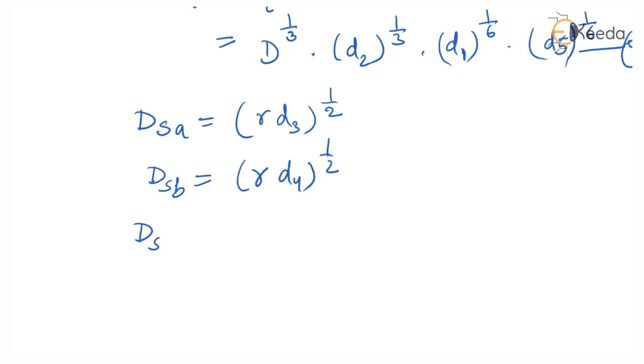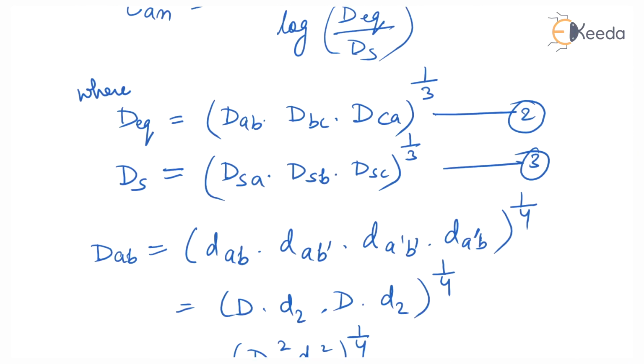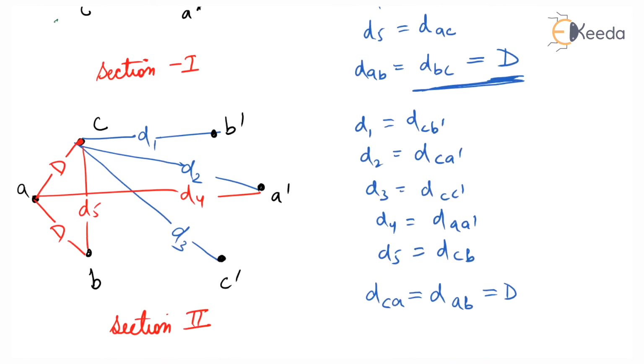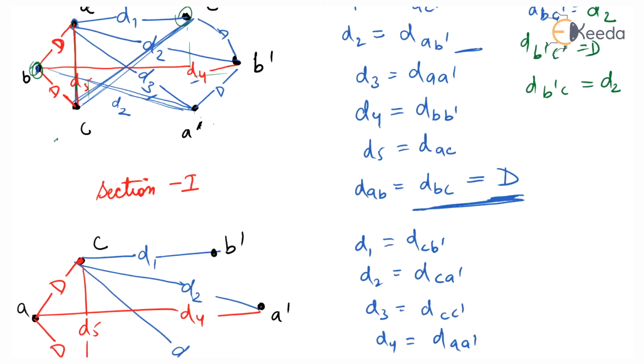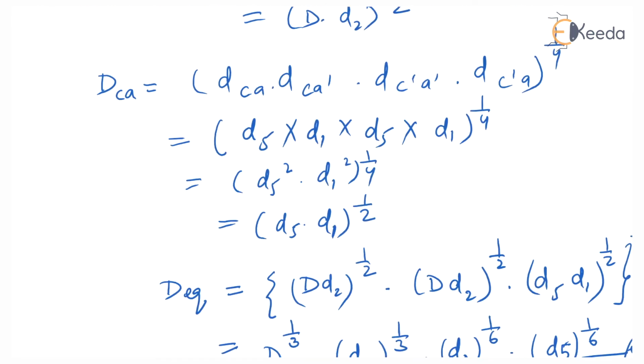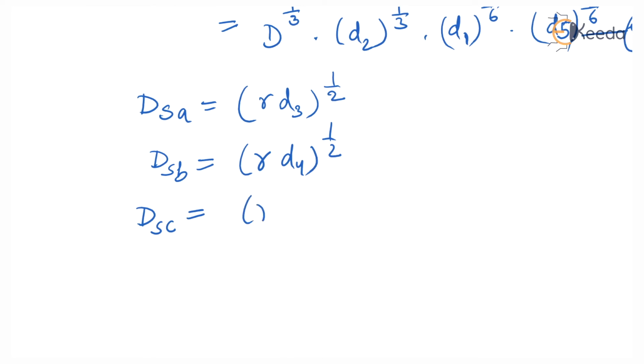Now self GMD for conductor C. For conductor C it is R, and for C to C dash the distance is the same as A to A dash. A to A dash and C to C dash distance is the same. So this is D3, so R into D3 to the power 1 by 2.